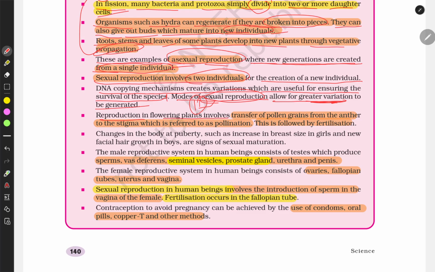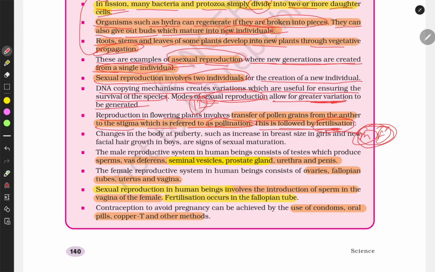Reproduction in a flowering plant involves transfer of pollen grains from anther to stigma, which is referred to as pollination, and this is followed by fertilization. Fertilization is when the male and female egg cells fuse into each other.